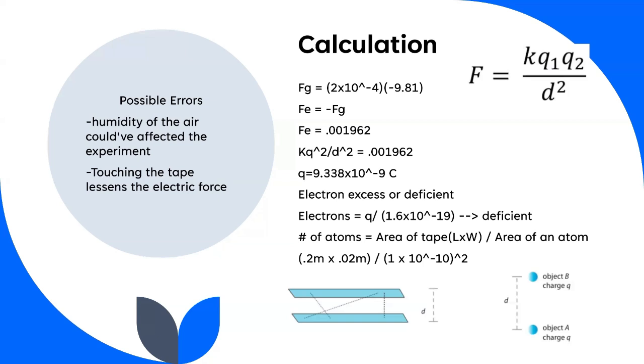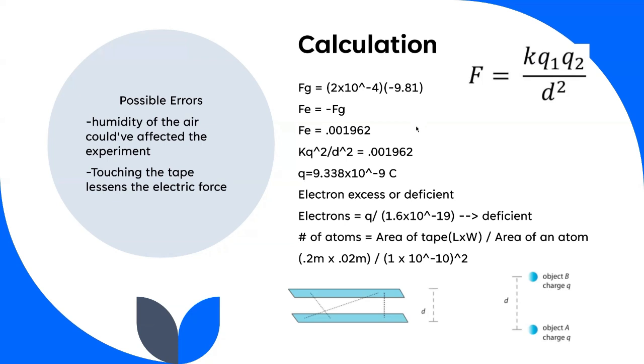So some possible errors that we didn't account for in the experiment were the humidity of the air and touching the tape. So in our calculations, we calculated the force of gravity by doing mass times gravity. We then set the force of gravity equal to the electric force.